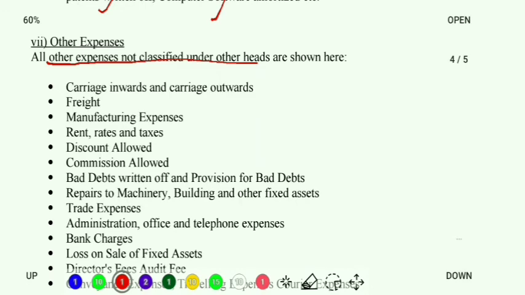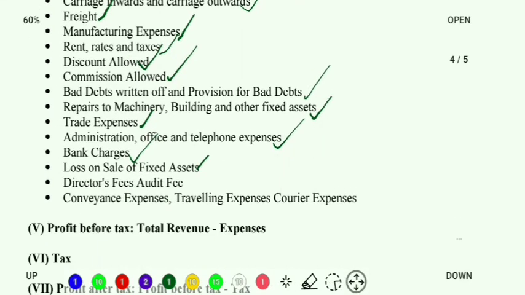Let's have a reading. First we have carriage inwards and carriage outwards, then freight, manufacturing expenses, any kind of rent, rates or taxes, any kind of discount allowed, commission allowed, bad debts written off, provision for bad debts, repairs for machinery, for building and for any other fixed assets, trade expenses, administration, office and telephone expenses, bank charges, loss on sale of fixed assets, directors' fees, audit fees, conveyance expenses, traveling expenses or courier expenses.